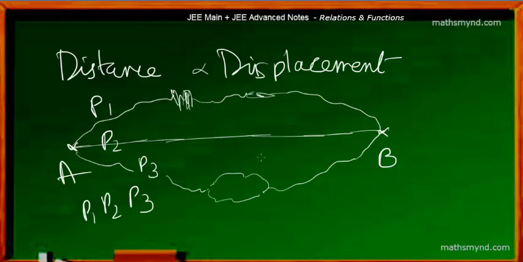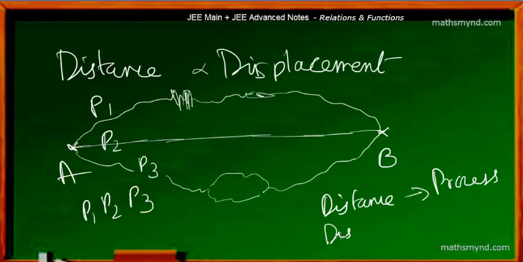Now, the interesting part is, what if we equate distance with the process, that is the mathematical process which we carry out on a particular element, and if we equate the displacement with the output, we can see that it's quite an explanation from physics for equal functions.